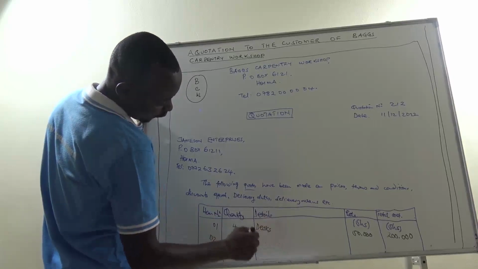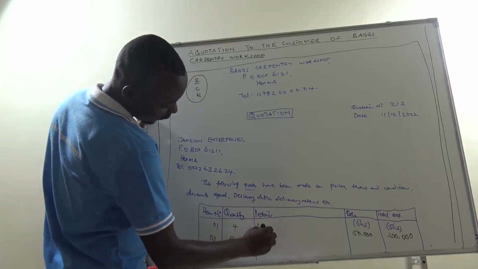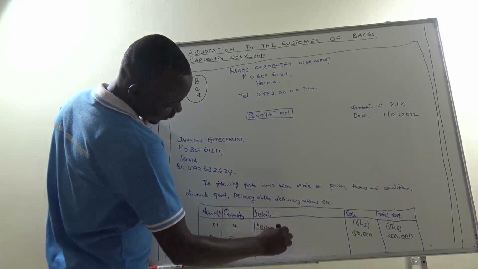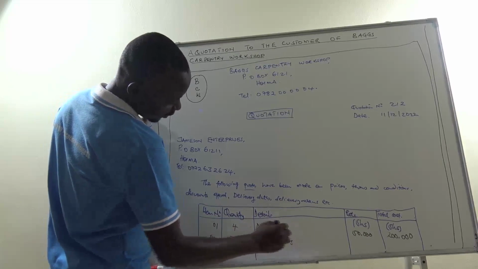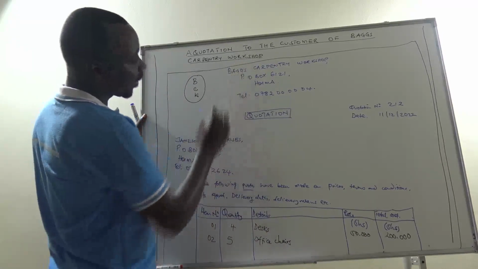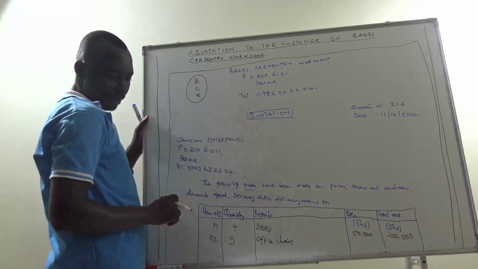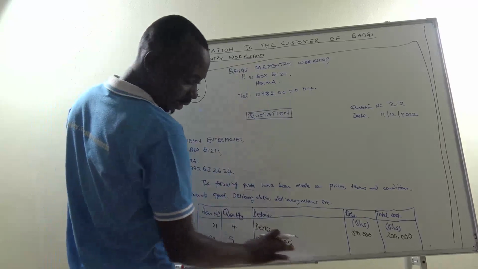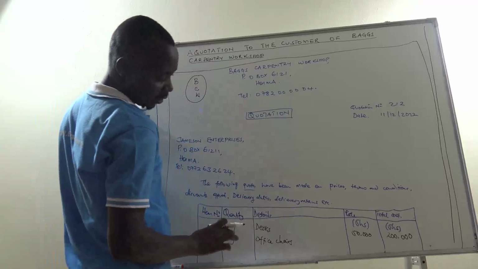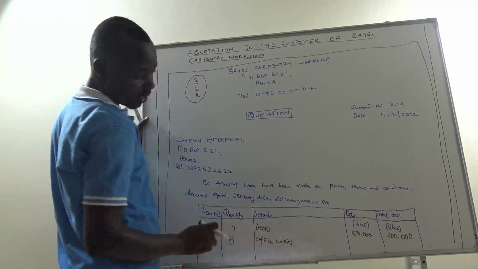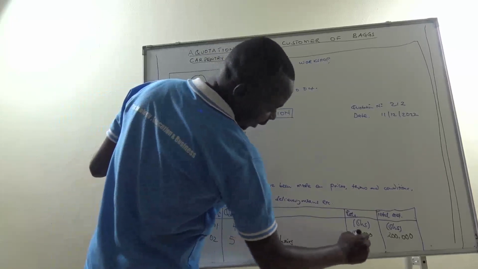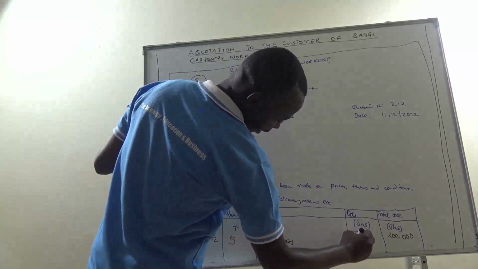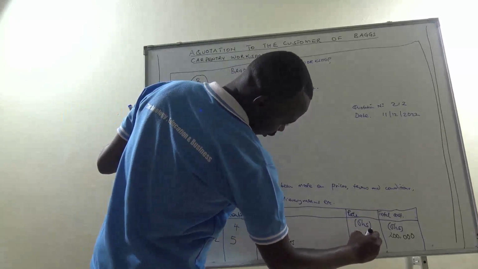The description of 5 is office chairs. Why office chairs? Because they are part of the carpentry. They can be metallic, they can be wooden. What is important is office chairs. Then the price for each office chair maybe is 50,000 also.